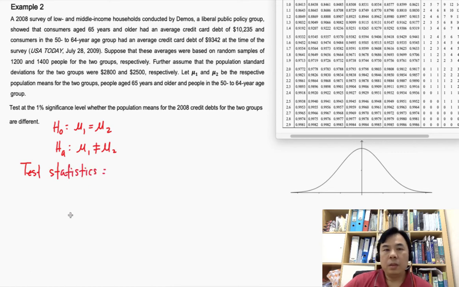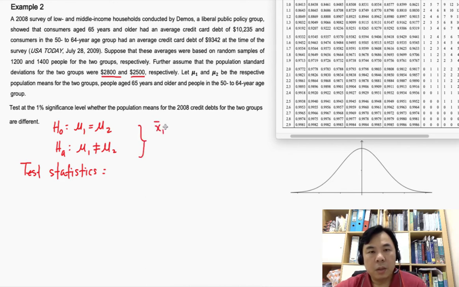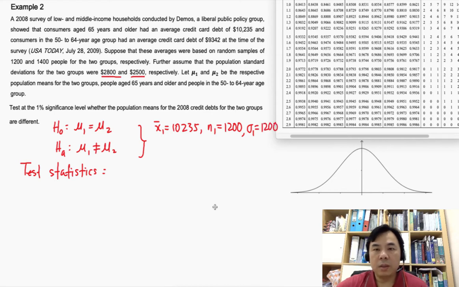All right. For the test statistics that we are using, since the standard deviation is given, bear in mind we have x1 equal to 10235, n1 to be 1200, and then finally the standard deviation for the population is given as 1200, that's given.